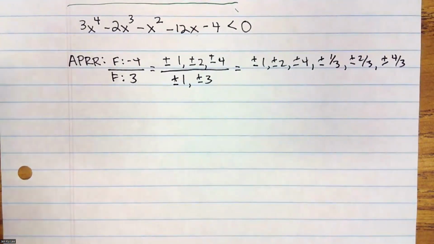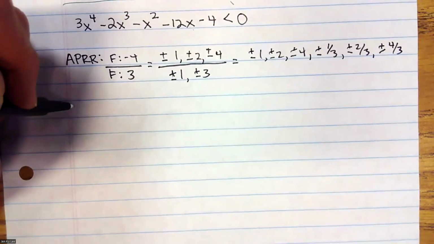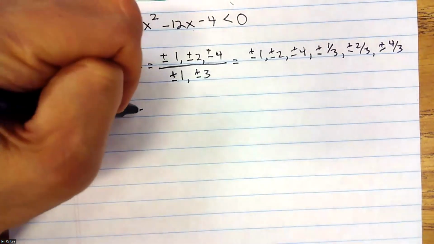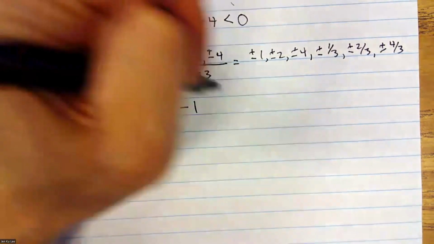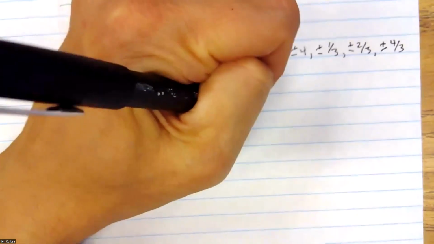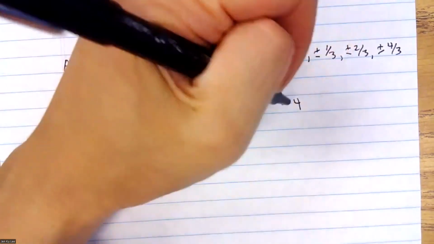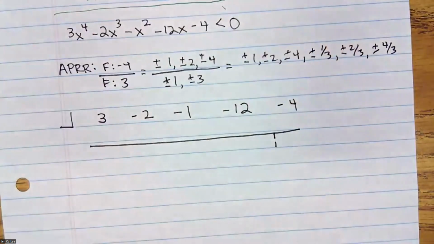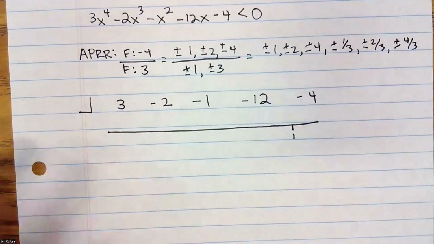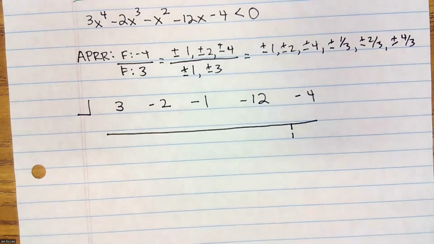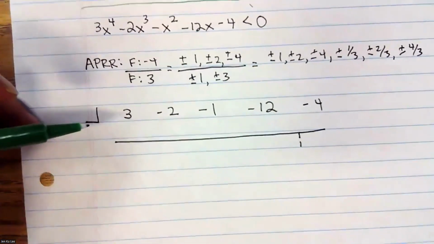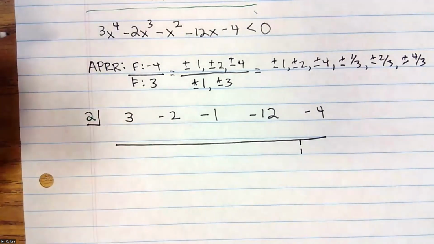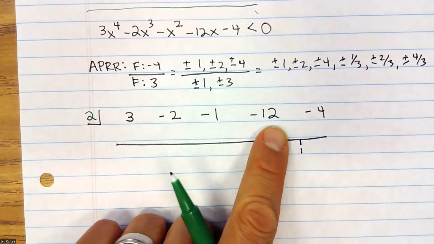So we got that list and APRR this by synthetic division. So 3, -2, -1, -12, and -4. I'm gonna bypass 1 again. I'm gonna go to 2 because this 12, right?